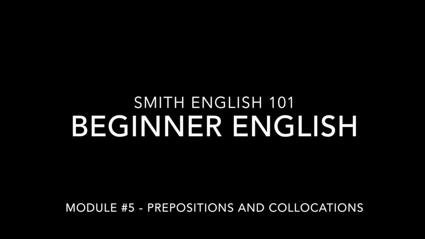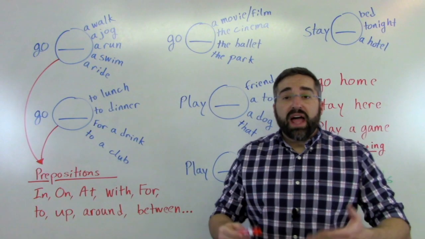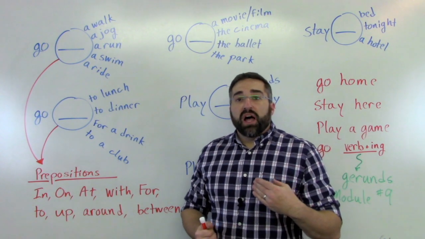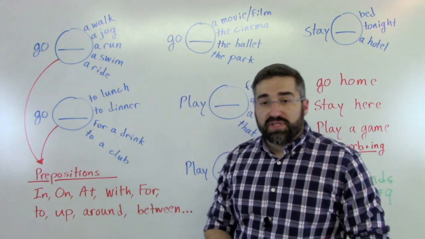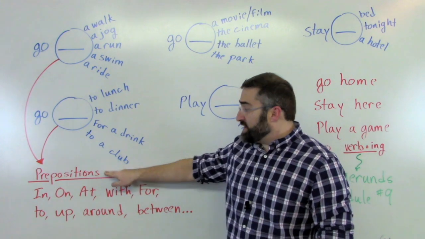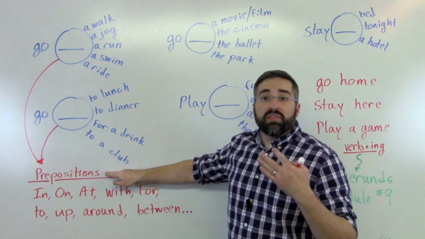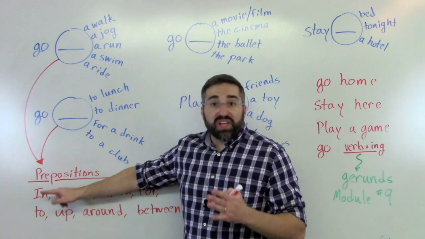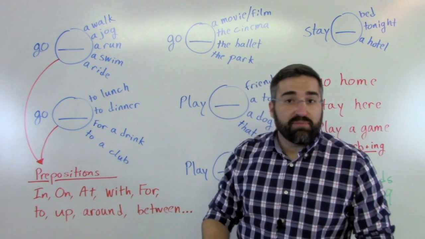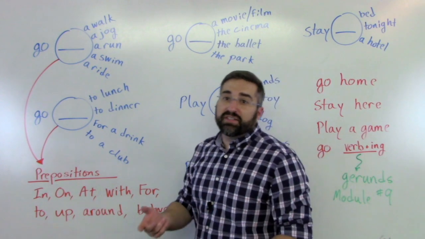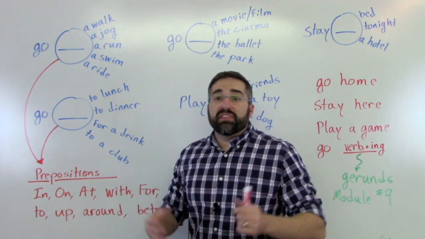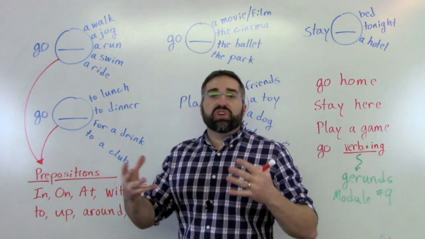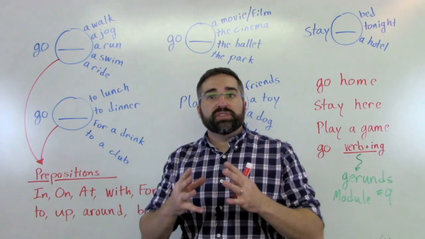So now we're going to look at verbs with some prepositions. Prepositions are these particular words that we use between verbs and between nouns and between adjectives and all the other things. You could call it the glue that holds English together.